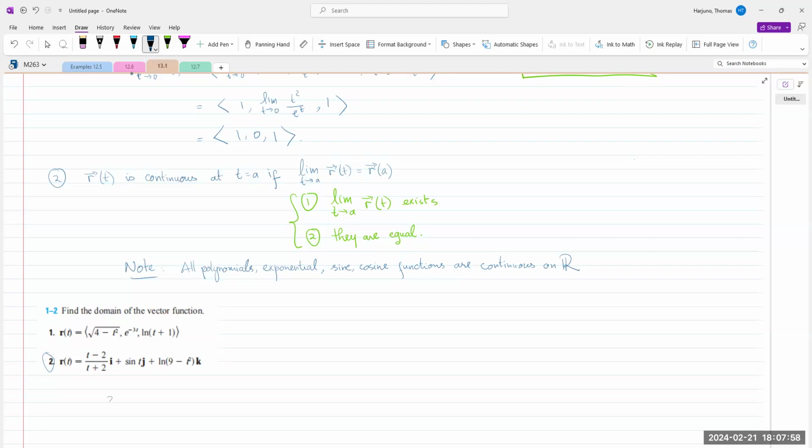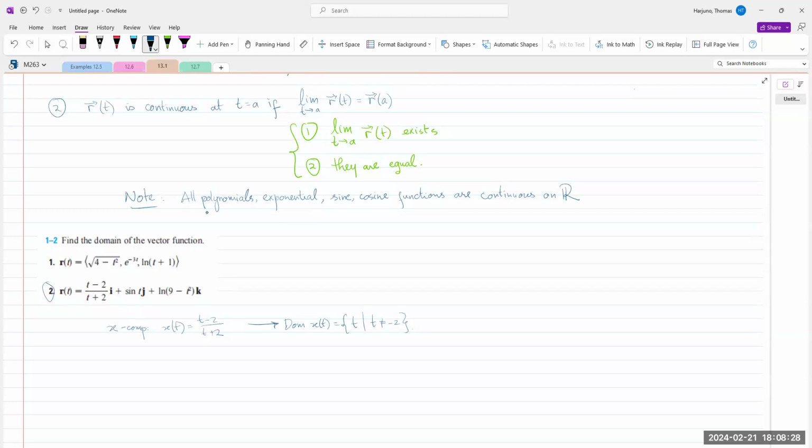So for the x component, we have x(t) equals (t minus 2) over (t plus 2). From there, we see the domain for x(t) is all t where t cannot be negative 2, right?